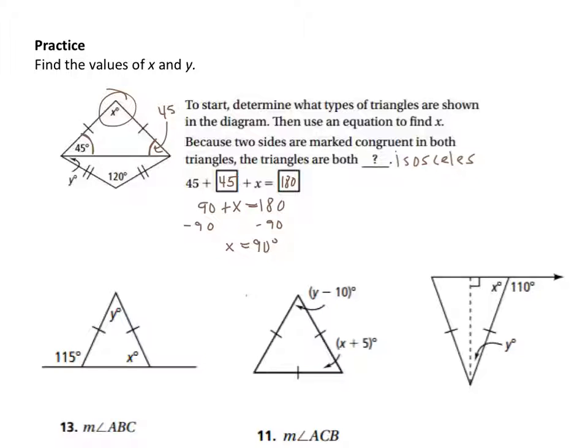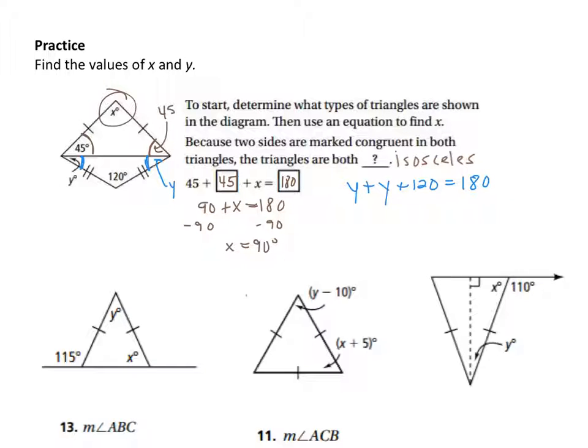All right. On that bottom triangle, we have one base angle is y. Again, it's congruent to the other base angle, so the other base angle must also be y. So for that one, we have y plus y plus our third angle, which is 120, has to equal how many degrees are in a triangle? 180 degrees.